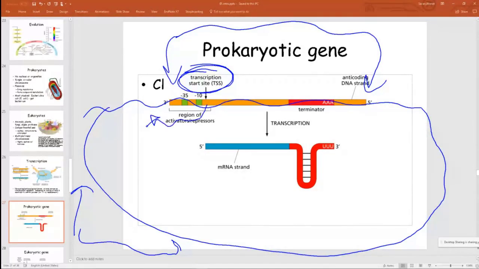Upstream to this transcription start site, we have regions of activators and repressors. What that means is there are other portions that come before the transcription start site that sort of change the efficacy of transcription.